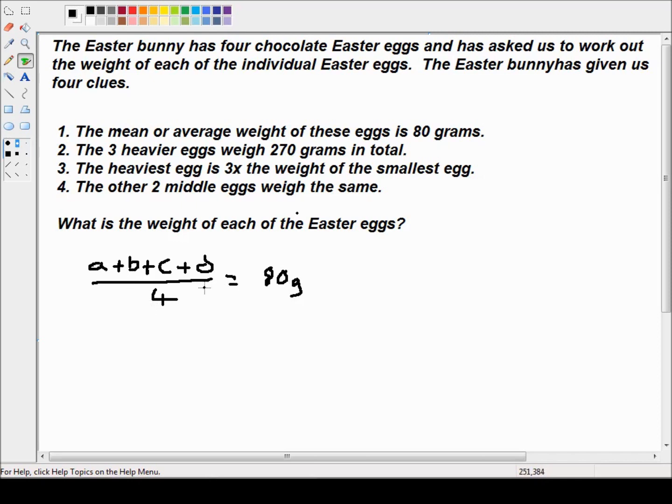I'm going to get rid of this divided by 4 by multiplying both sides by 4. That G just stands for grams. So I'm multiplying this by 4, and that means I can now get rid of this 4 here. In fact, I'm going to use my eraser, and that makes it nice and neat.